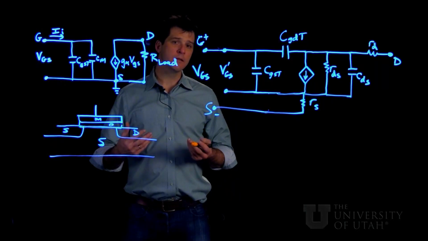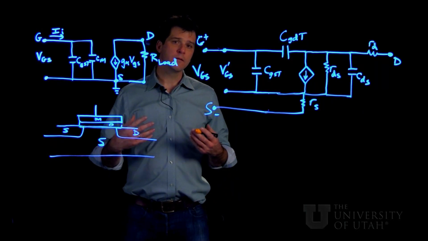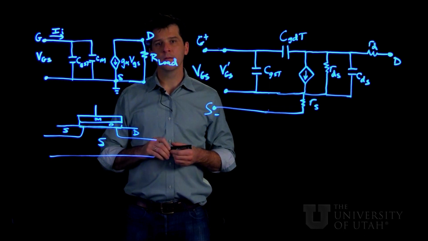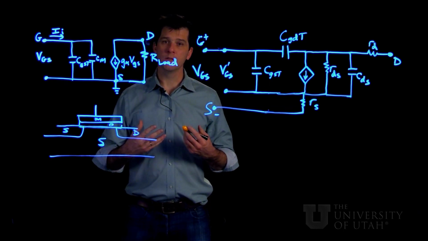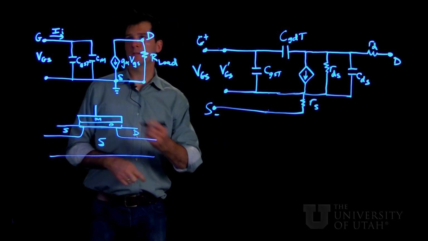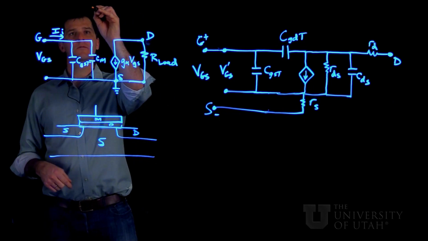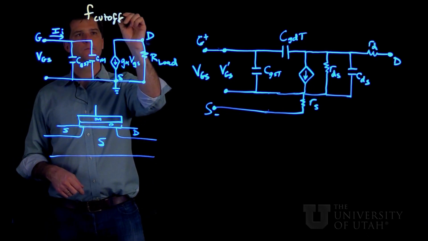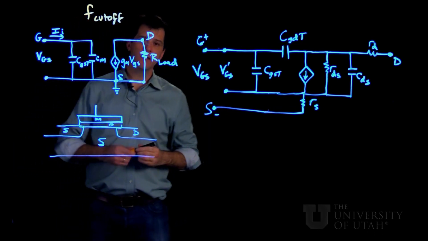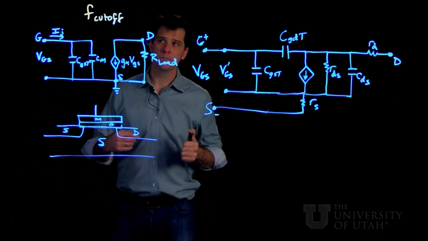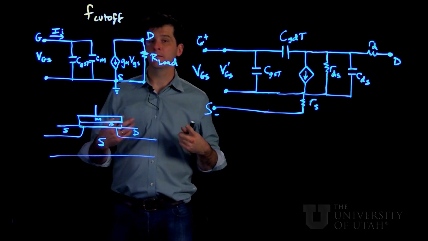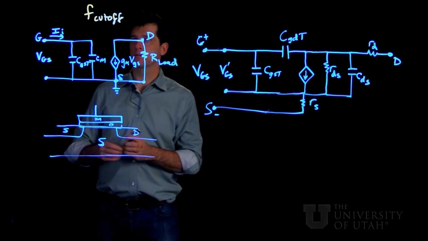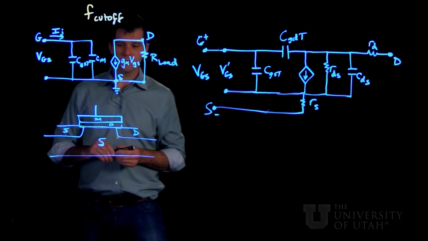So now let's actually look at what is limiting the speed at which we can run this transistor. So now we're going to look at the cutoff frequency. Now in the last part we looked at what turns out to be the gain of the transistor, which is going to come up in this discussion again in a moment.